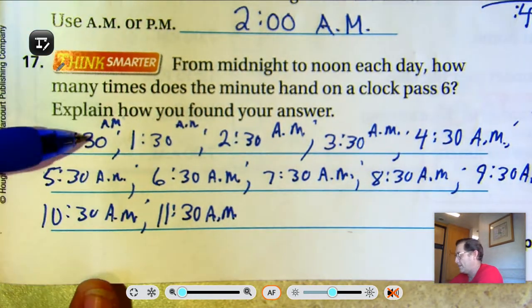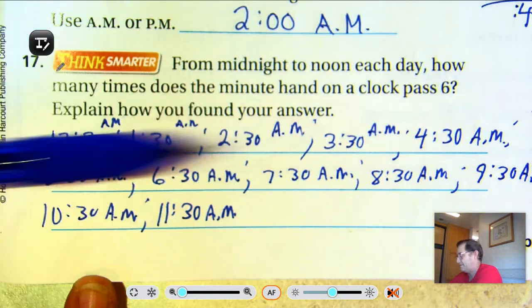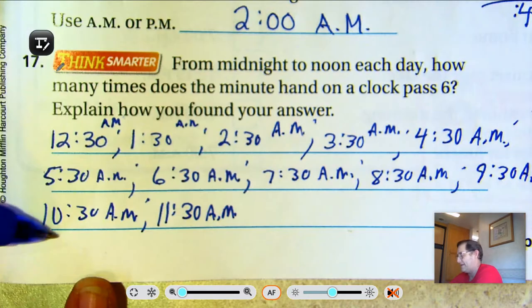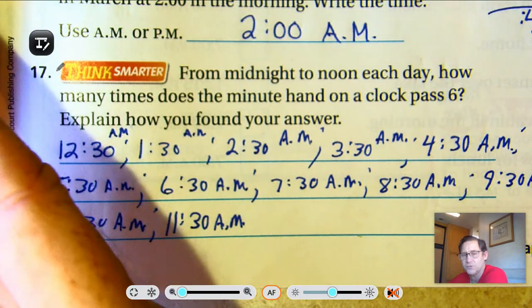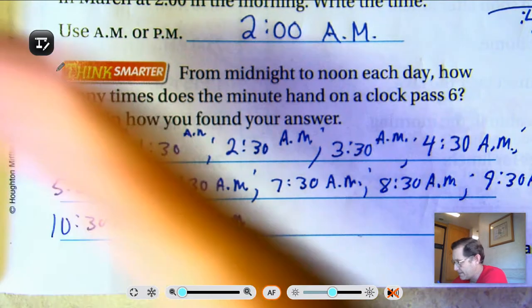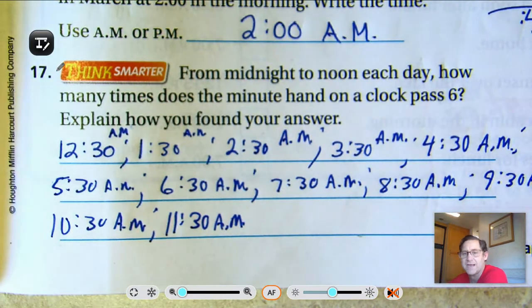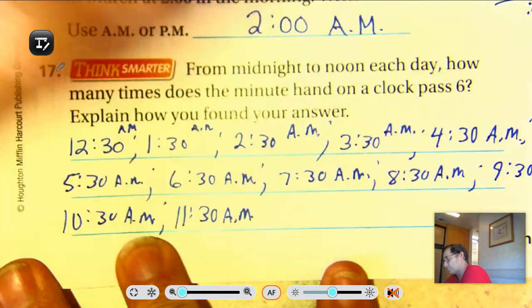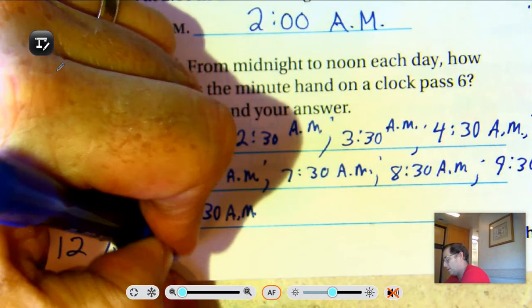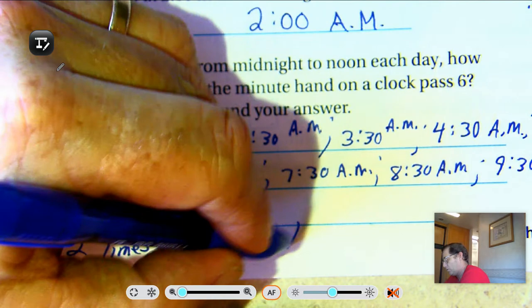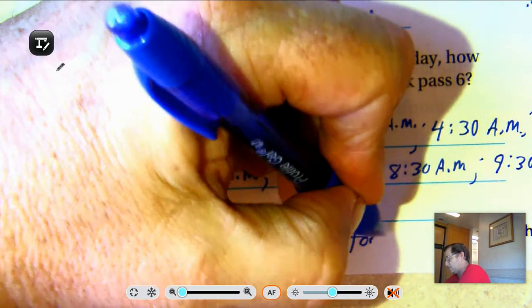So let's see. 1, 2, 3, 4, 5, 6, 7, 8, 9, 10, 11, 12. 12 hours. Well, that makes sense. There's 12 hours from midnight to noon. And so the minute hand has to pass the 6 12 times, once an hour. So 12 times, once per hour for 12 hours.